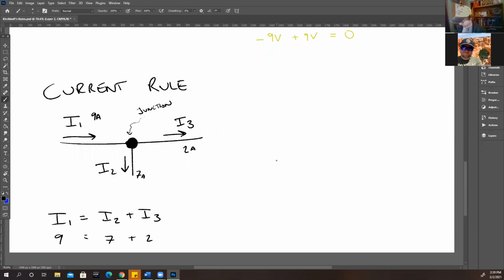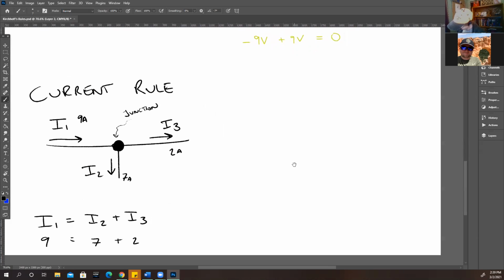Okay. Current flowing apart is the same as current flowing together through a junction. So I'm going to keep the labeling the same, but I'm going to change the directions. Let's say like that, and like that, and like that.